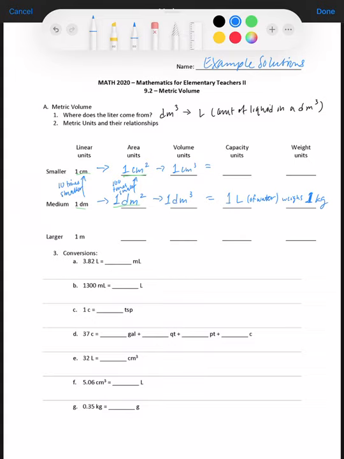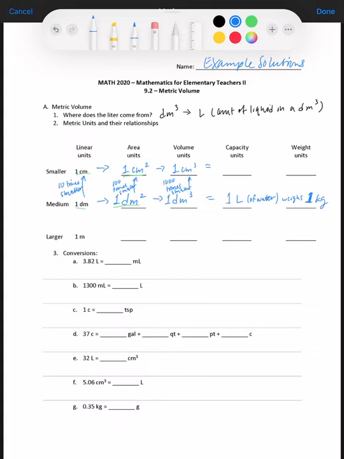That's the relationship between those two. And if we multiply each of those dimensions by 10 as well to get from centimeters squared to centimeters cubed, taking it to another dimension, the relationship is that 1 centimeter cubed is 1,000 times smaller than a decimeter cubed.